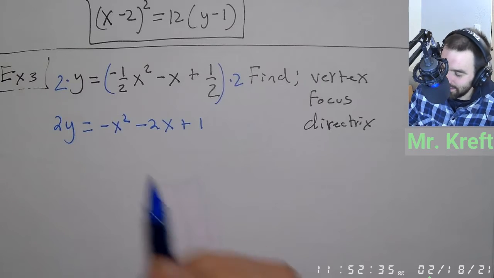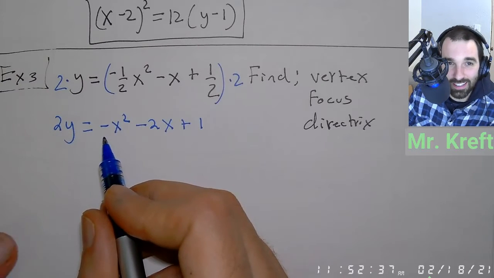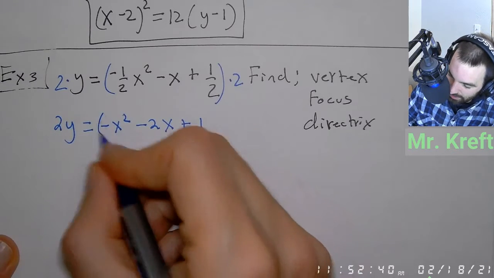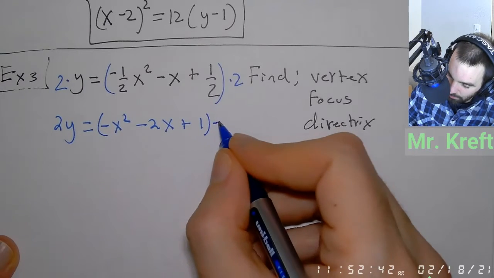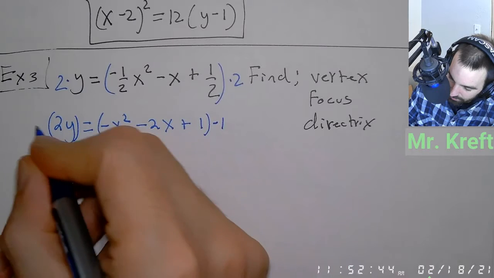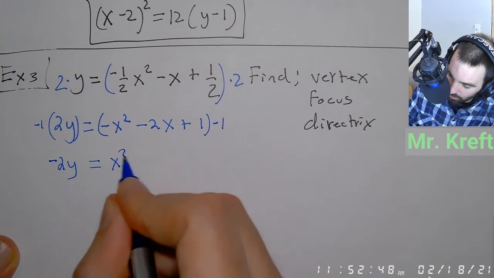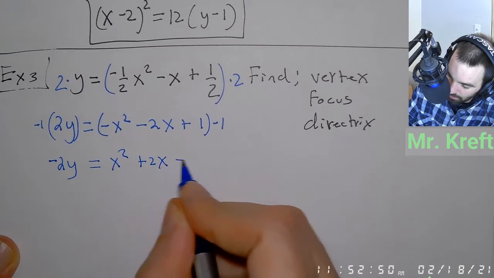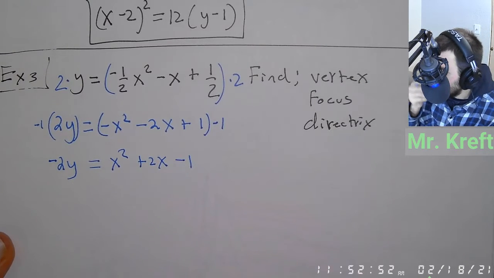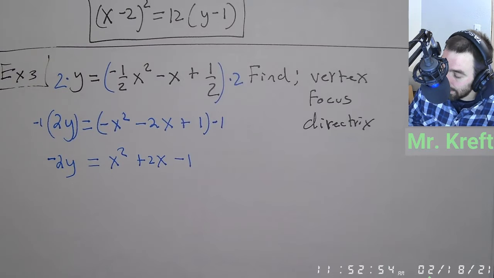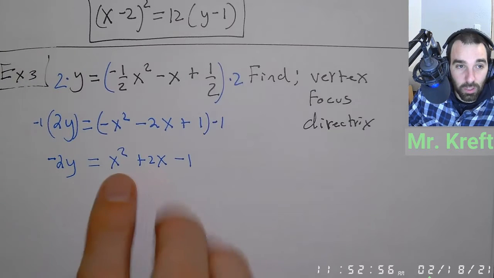You know what I just realized? Having the negative there is going to be not fun. So I'm going to multiply by negative 1 really quick. So negative 2y equals x squared plus 2x minus 1. There we go.